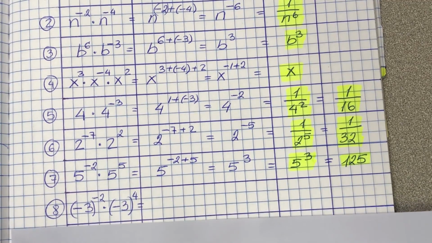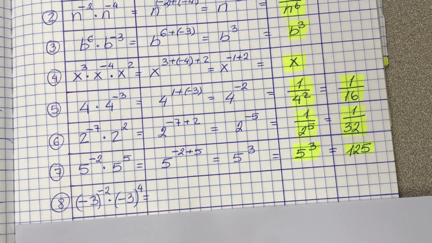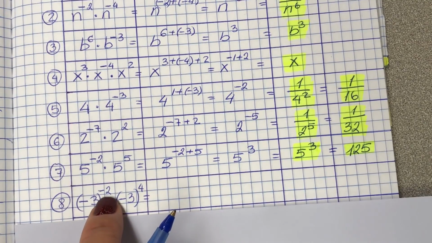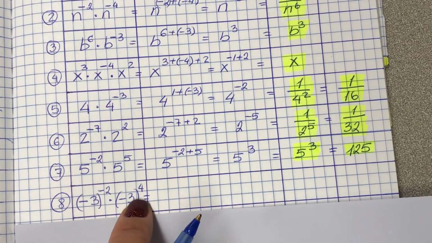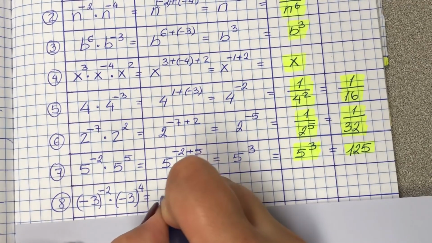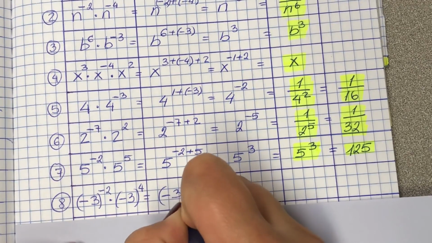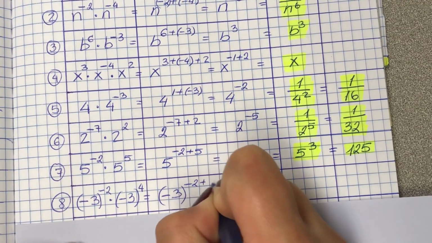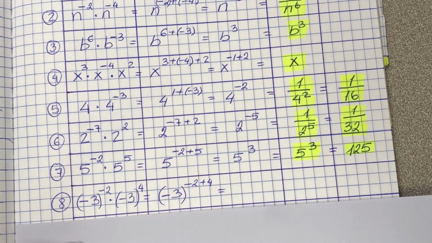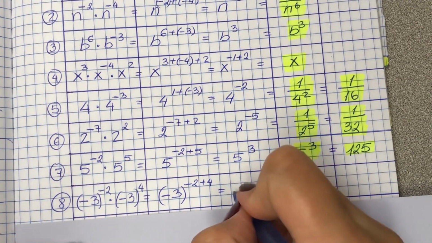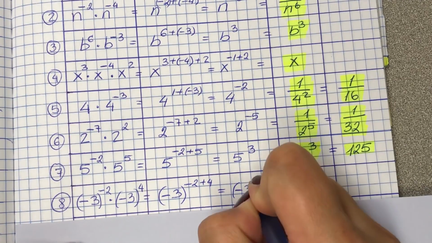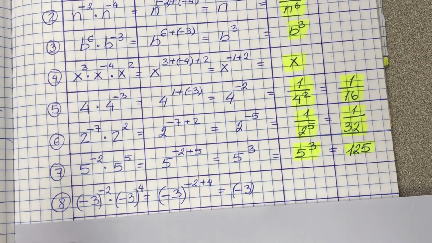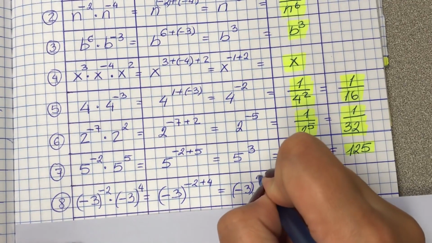When it comes to negative bases, same rules apply. -3 to the -2 and -3 to the 4th. We keep the base, -3, and -2 plus 4. We'll add the exponents. So we keep our base, -3. We add -2 plus 4, which is 2.